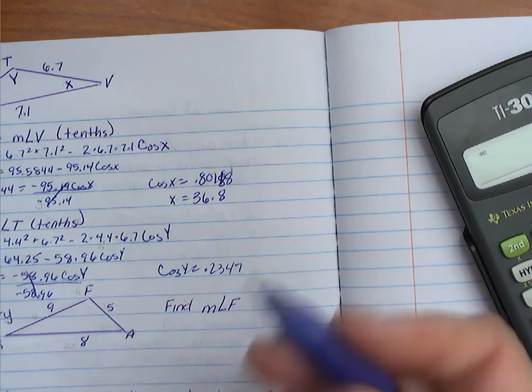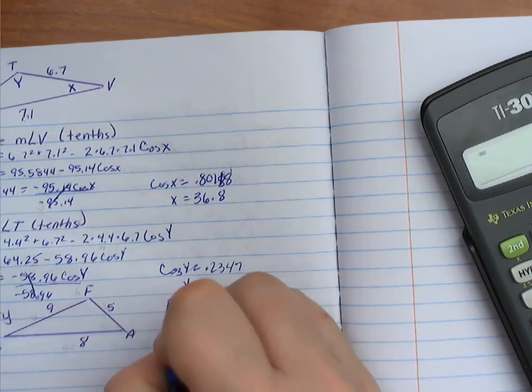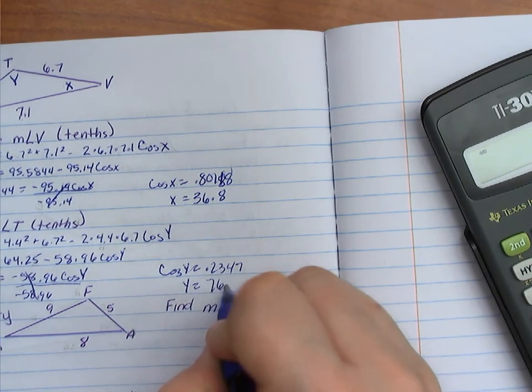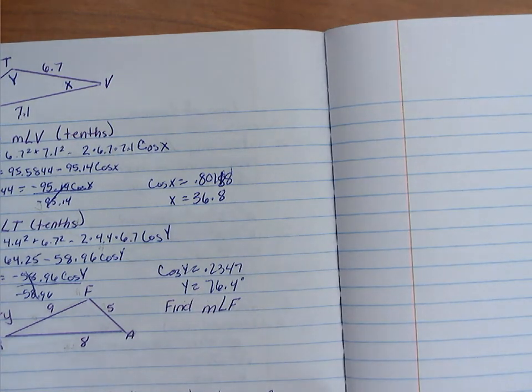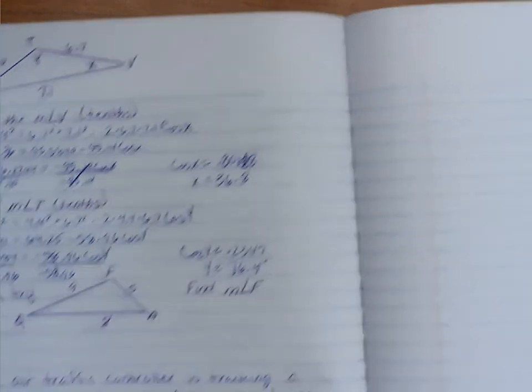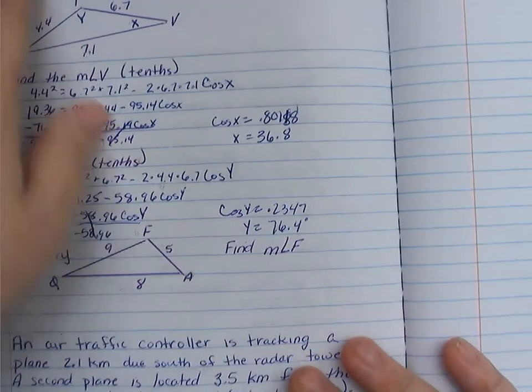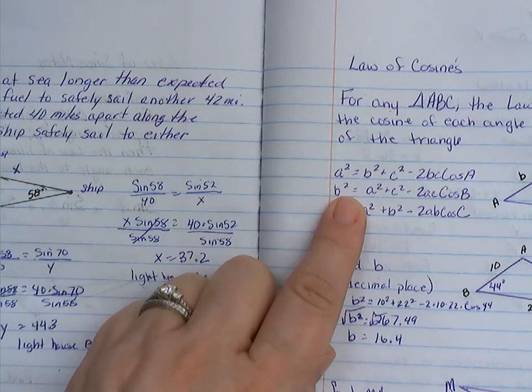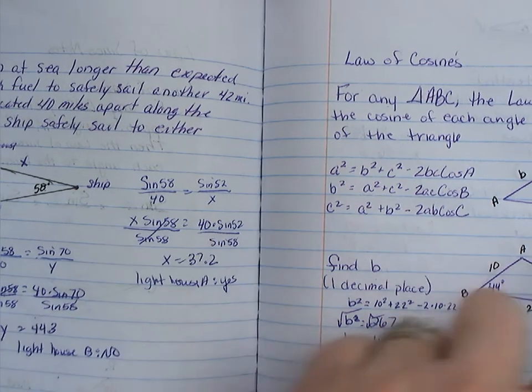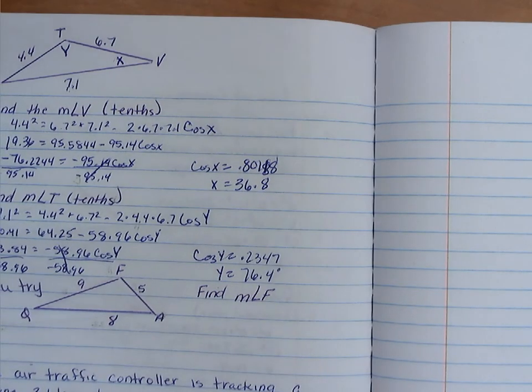Taking the inverse cosine, I'm going to get that y equals 76.4 degrees. Okay? So again, just plug this stuff in, give this one a shot, refer back to the formula right here. Remember that you plug the number in for the side opposite the angle that you're working at to start with.